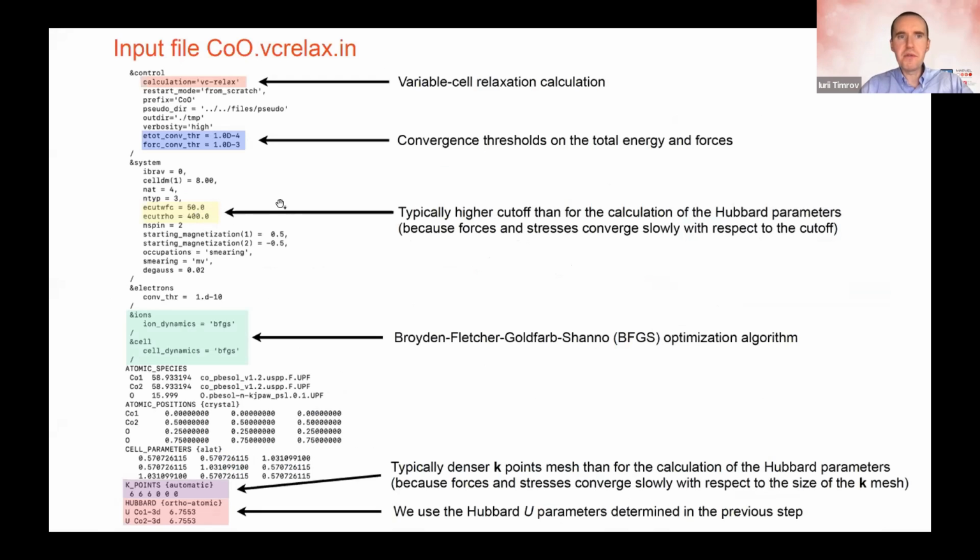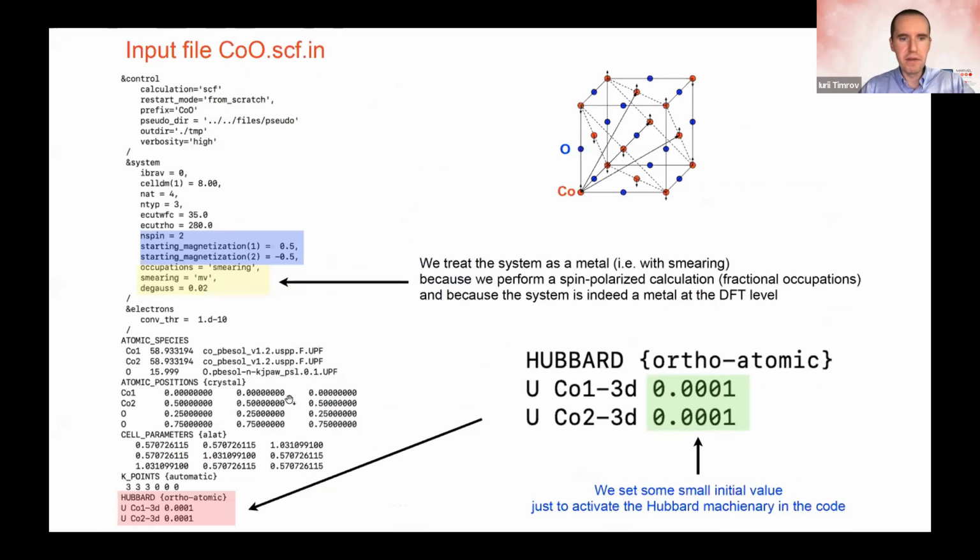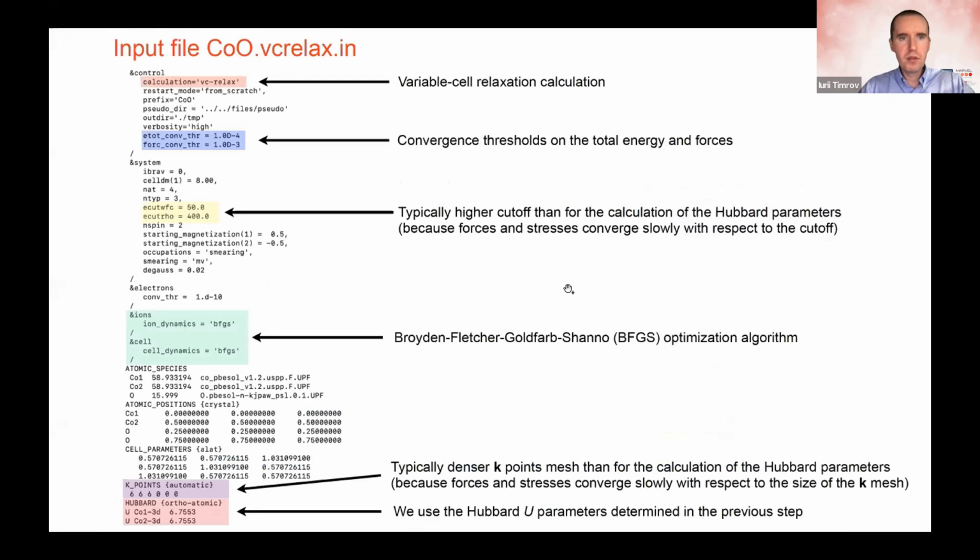This is so because forces and stresses converge slowly with respect to the cutoff, and also with respect to the K-point mesh. So here we use 6 by 6 by 6, and in the previous input it was 3 by 3 by 3. From our experience, VC relax requires higher cutoff and denser K-point meshes.